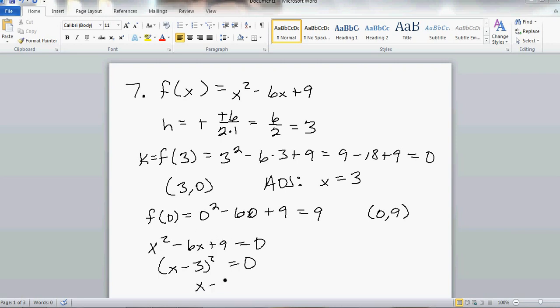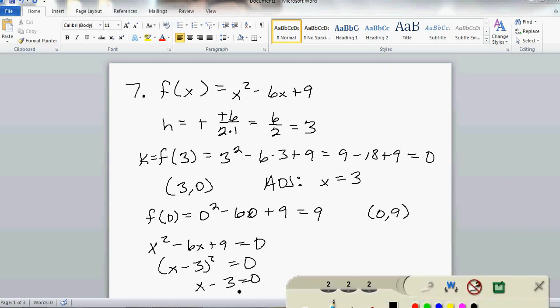And so x minus 3 equals 0, or x equals 3 would be the intercept. And of course, as it turned out, we actually happened to determine that somewhat accidentally.